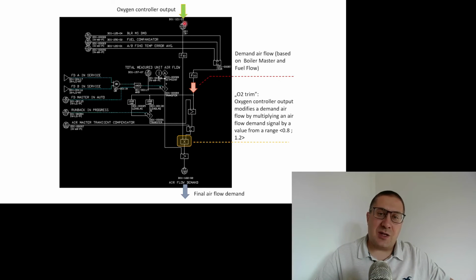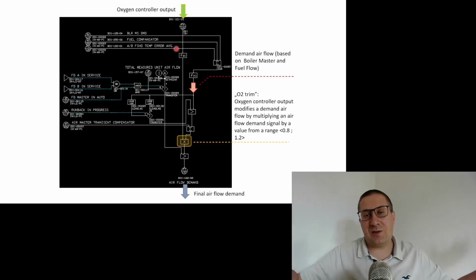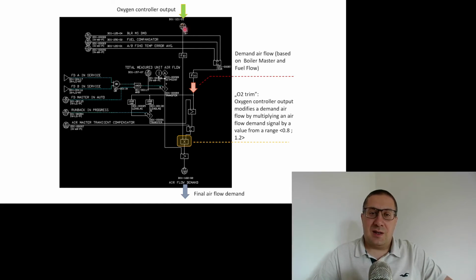Then this information is passed to another control sheet, another part of the whole control strategy. And it turns out that this is a so-called O2 trim. So this is a multiplier with a value between 0.8 and 1.2 that is used here.